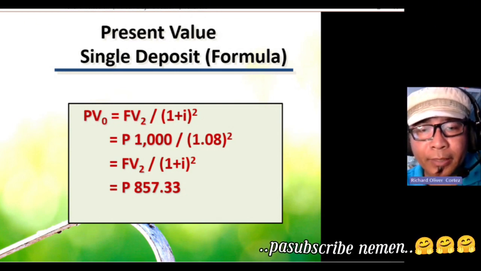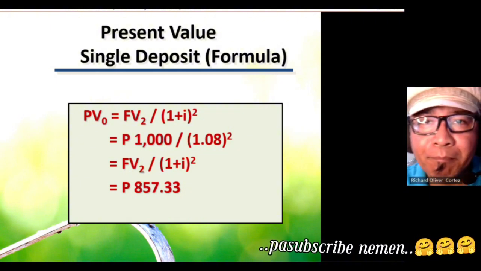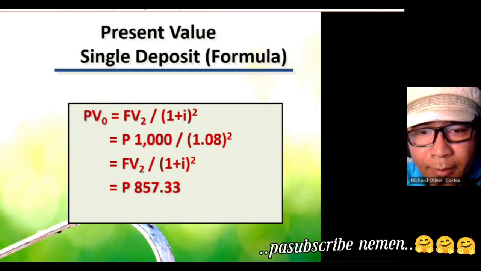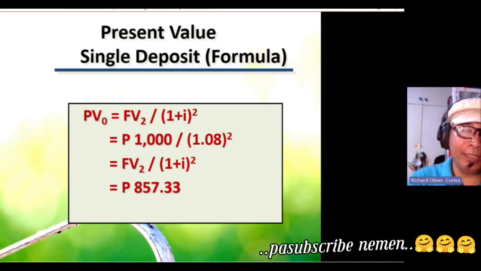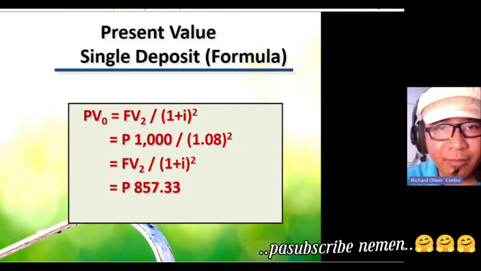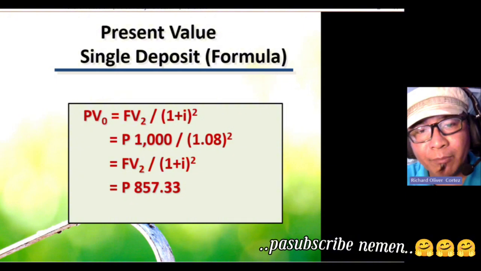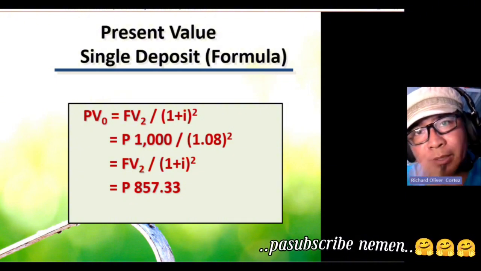So, mas mababa na kukuha nating amount pag present value yung ating pinag-usapan. Okay, now, you can imagine, pag 10 years pala ang ating hinahanap, pag 10 years ang given, yung 1,000, i-divide mo siya ng 10 times sa 1.08.